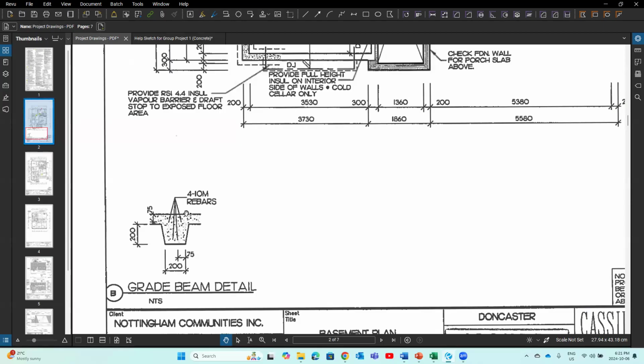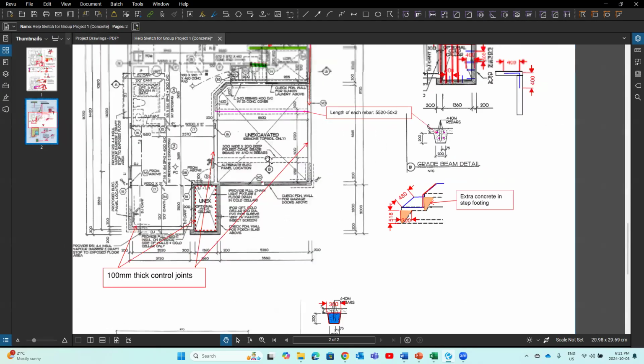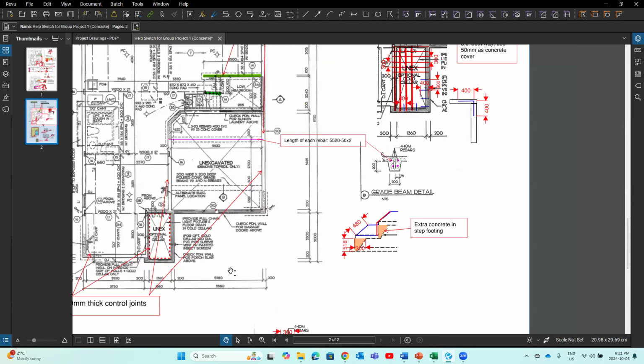The length of the beam multiplied by 4, we get the total length, then we convert it to kilograms. That's how we think about that, right? And you can refer to my help sketch.